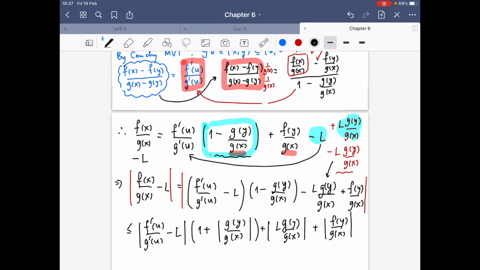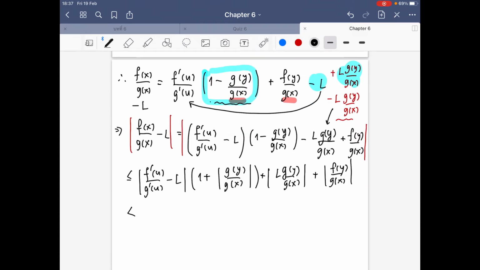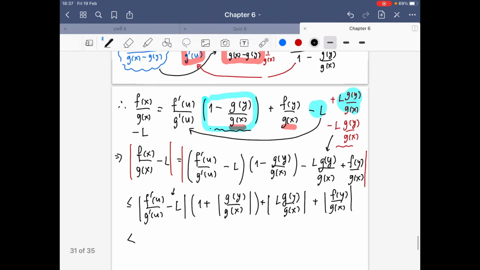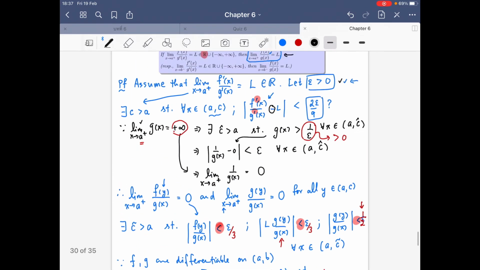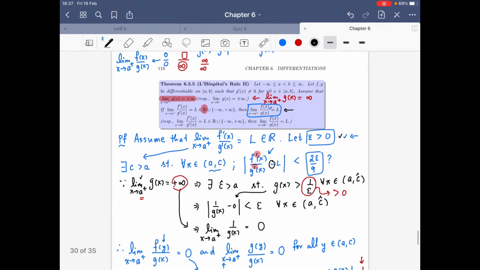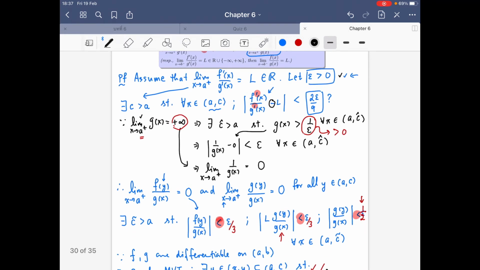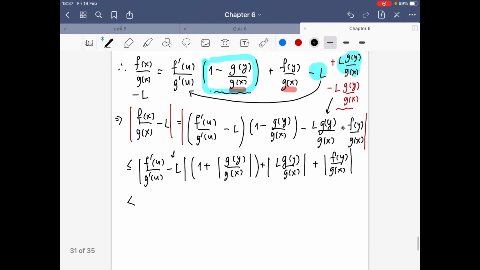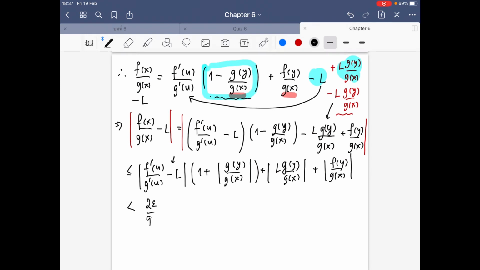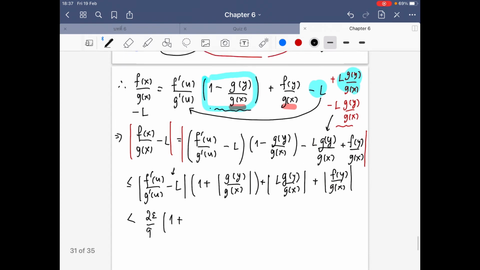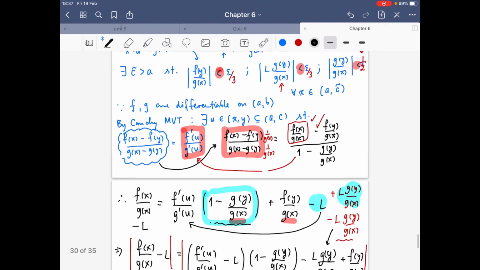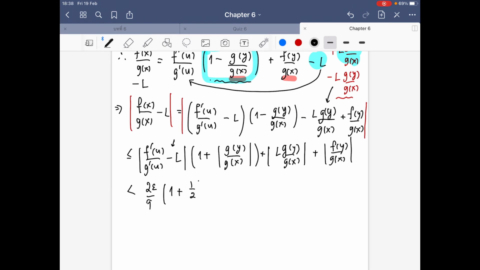Right now you know that this first one, the difference between f'/g' and L, is less than 2 epsilon over 9. So this one will be 2 epsilon over 9. This one will be 1 plus, what is g(x) over g(y)? Right here, it is 1/2, so it is 1 plus 1/2.